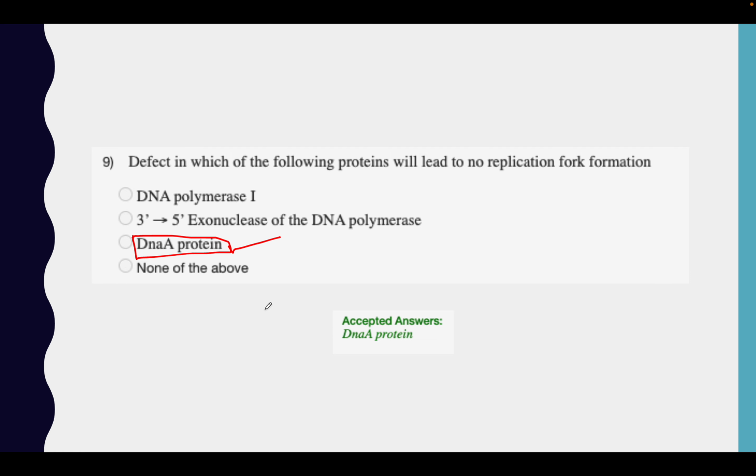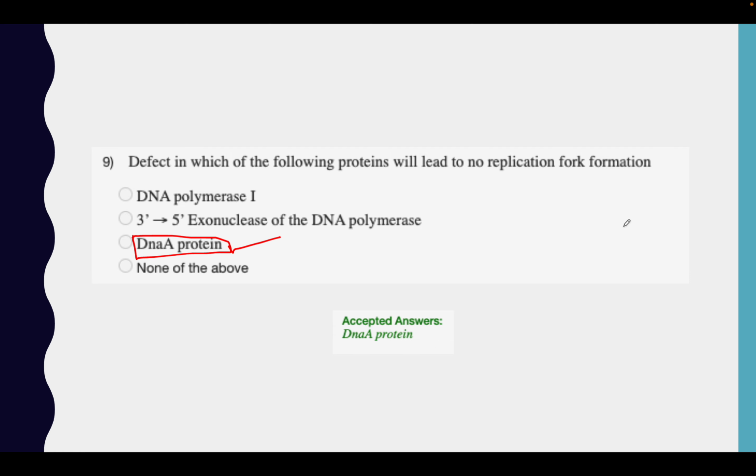Also the 3' to 5' exonuclease activity is for proofreading only, which checks for errors during replication. It is not directly linked to fork formation. It is only the DnaA protein which binds to the origin of replication, that is ori C, and it is responsible for the formation of the replication fork. If there is a defect in this protein, there will be no replication fork formation.